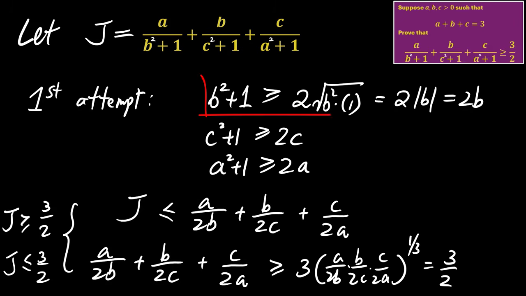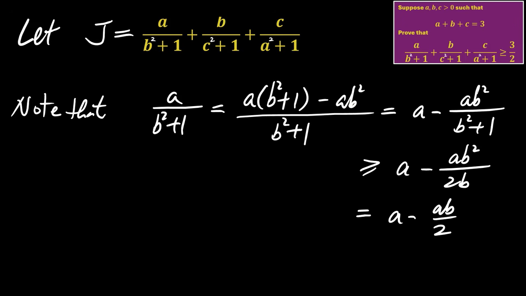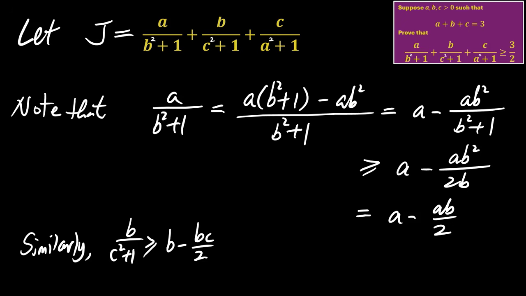So from what we have just now, b squared plus 1 is greater than or equal to 2b. Then this expression is greater than or equal to a minus ab squared over 2b, which equals a minus ab over 2. Similarly, b over c squared plus 1 is greater than or equal to b minus bc over 2.